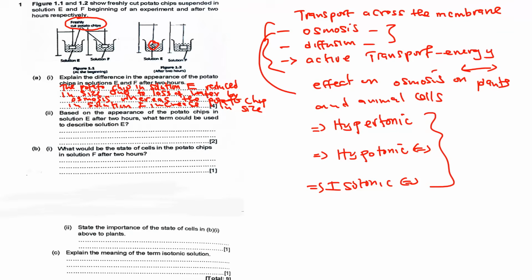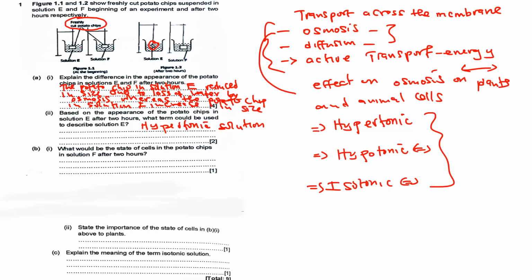The one that is more concentrated outside and less concentrated inside the cell is the kind of solution that we are dealing with here. What is the reason? Because there was a loss of water, the cell lost water. So the term used to refer to the solution is hypertonic solution.